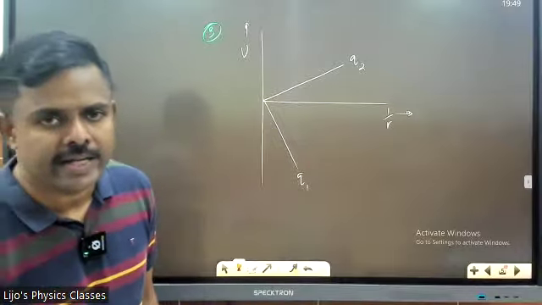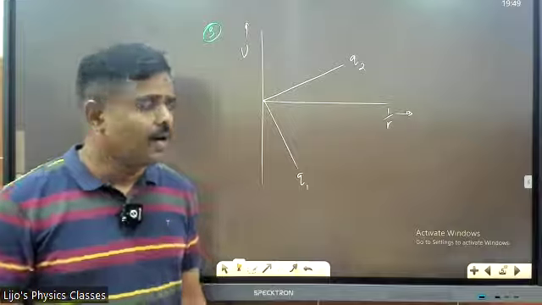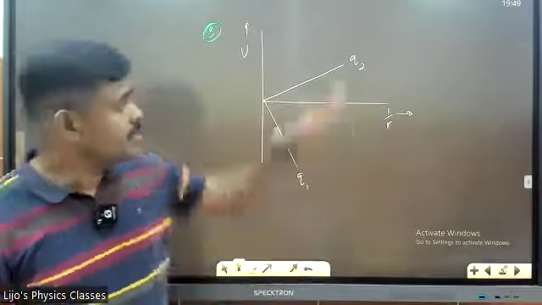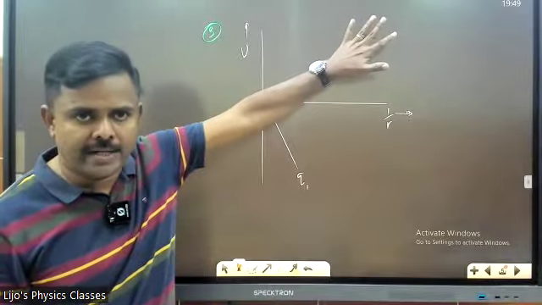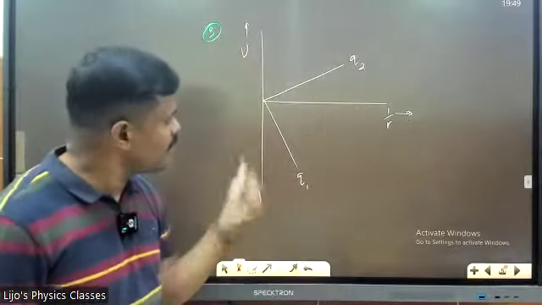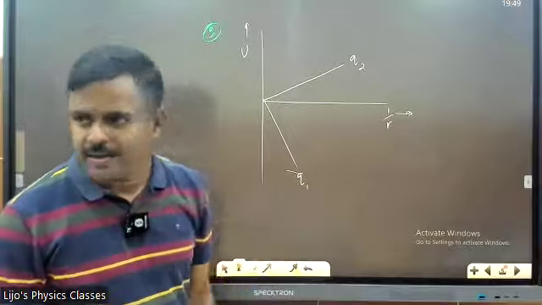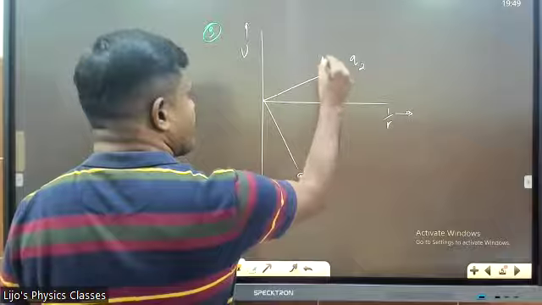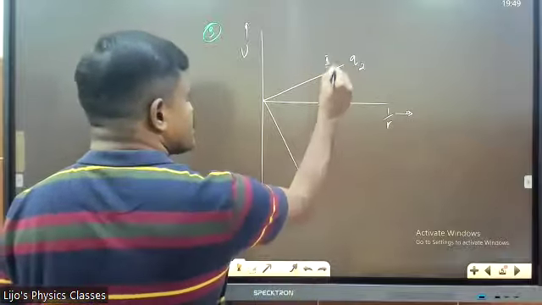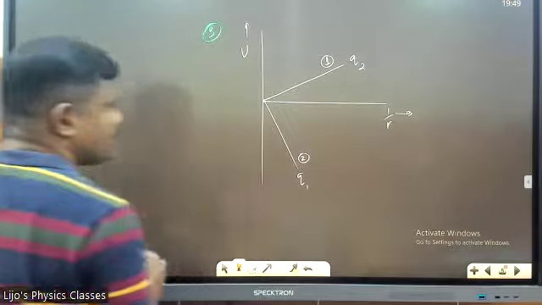We have done this already, right? How to identify the signs? This is the positive quadrant, and this is called the negative quadrant. Let us call this graph 1 and this graph 2.